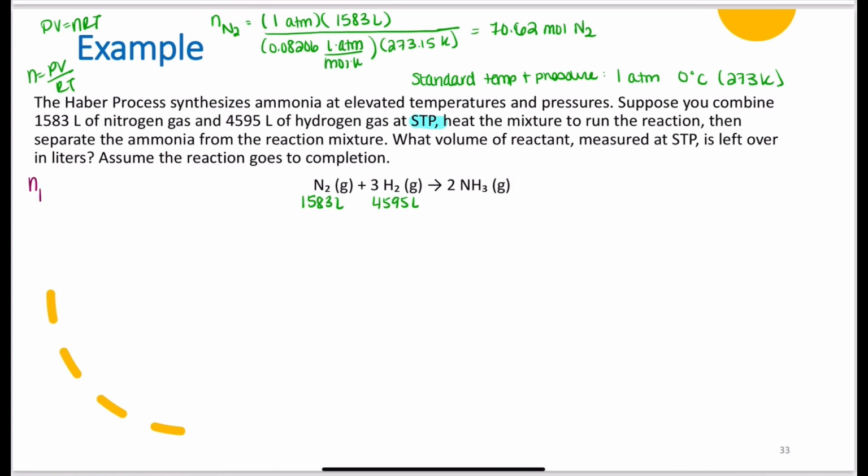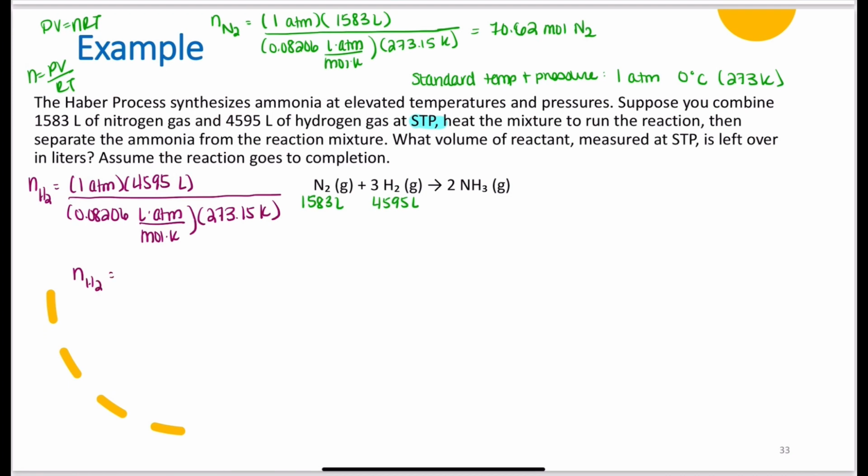Same thing for hydrogen, number of moles of H2. 1 atmosphere, 4595 liters, 0.08206 liter atmosphere per mole K, 273.15 K. So 1 times 4595 divided by 0.08206 divided by 273.15.